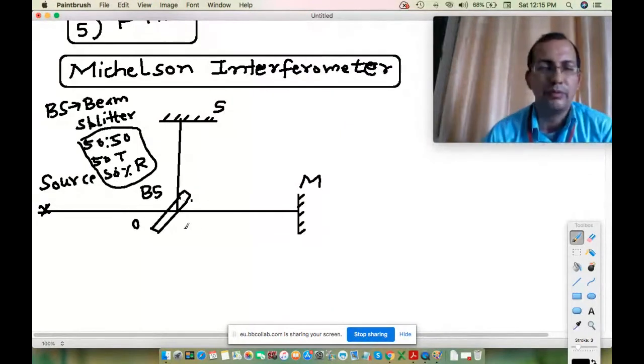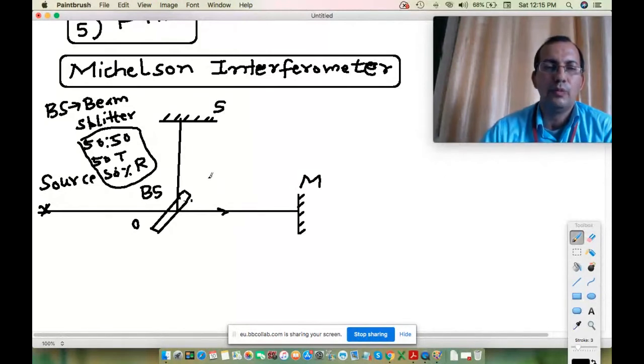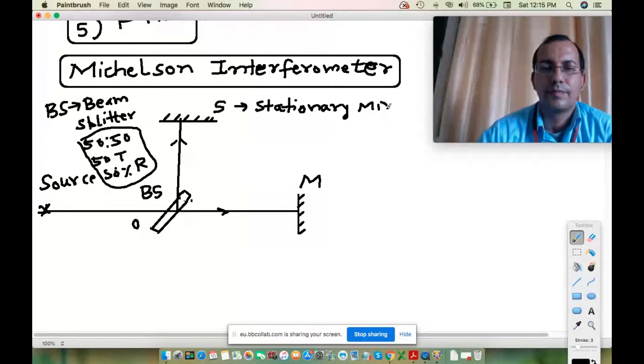So what will happen in this case? You would have this beam going towards this direction, which is the movable mirror, and this is the stationary mirror in this case. This is a stationary mirror, and the second one is the moving mirror.